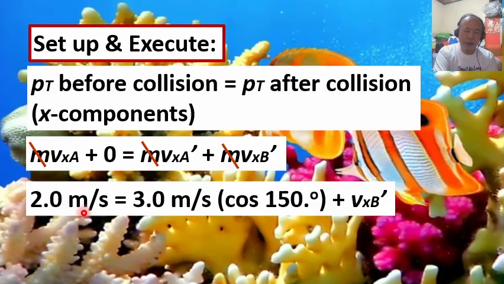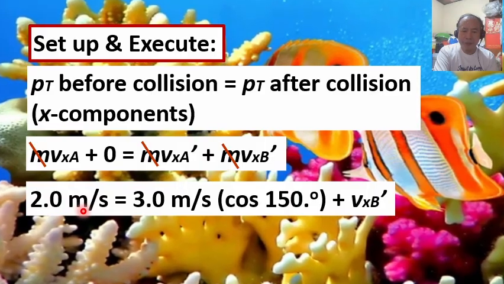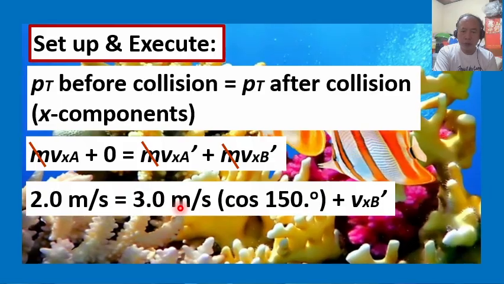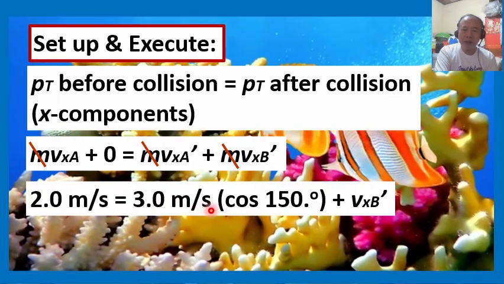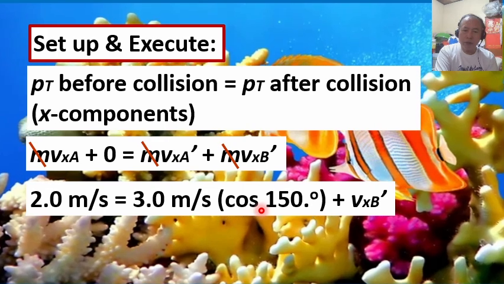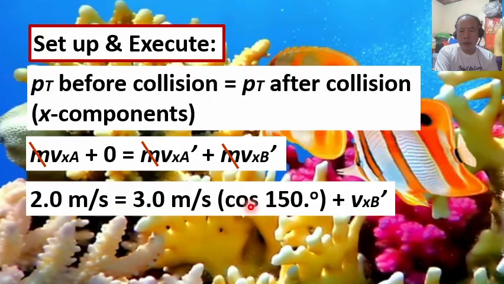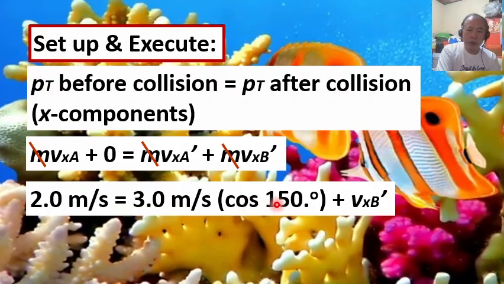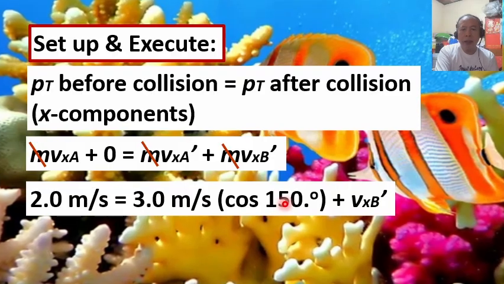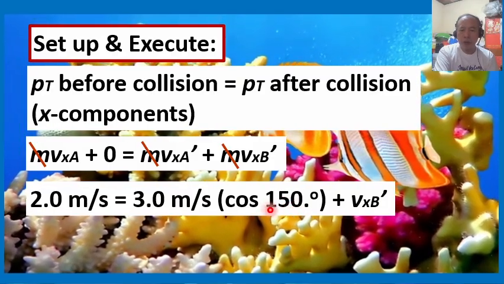This is the speed of particle A before the collision. And that's equated to 3.0 meters per second times cosine of the angle corresponding to 30 degrees above the negative x-axis, right?